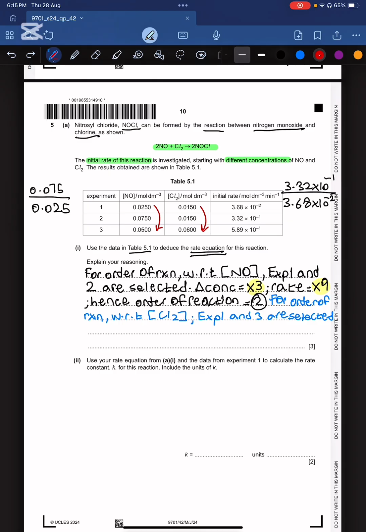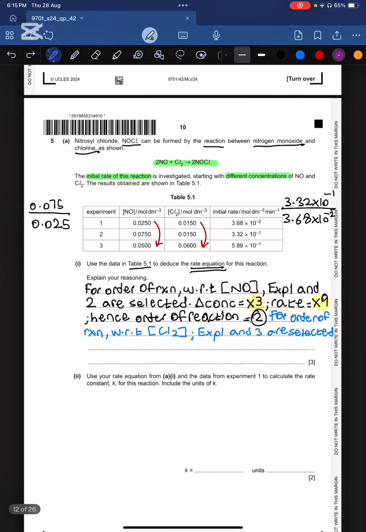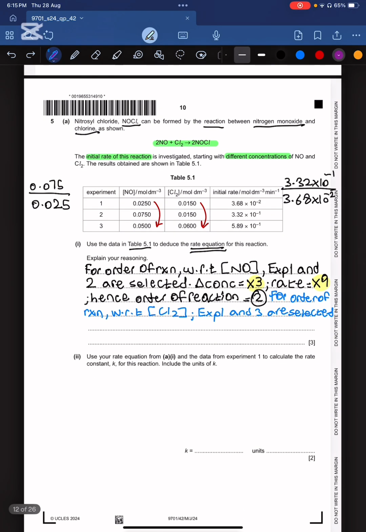Now, how do we do this cutting down of the effect? The way we do this is that I know that 0.05 divided by 0.025, which is this and this, is simply 2, meaning the concentration of nitrogen monoxide has increased 2 times. And I know what the order of reaction is with respect to NO, which is that if NO increases 2 times, rate of reaction will increase 4 times.